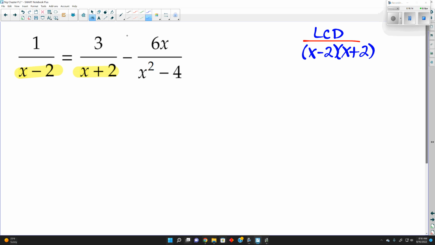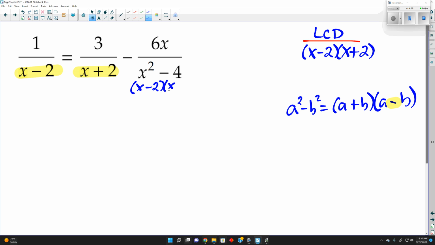Our definition of difference of perfect squares is a squared minus b squared is equal to a plus b times a minus b. So we could go through factoring it to see that this here actually works out to be x minus 2 times x plus 2. Any questions on how we got this factored?